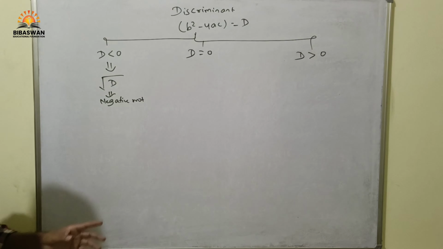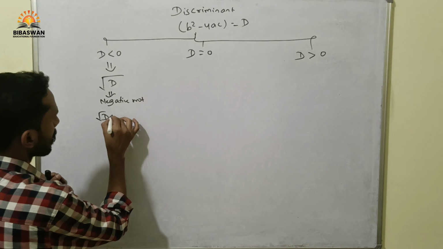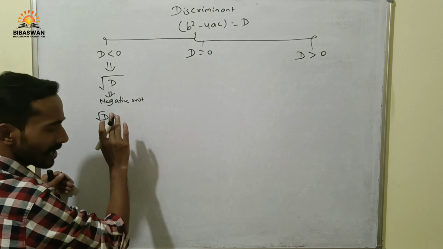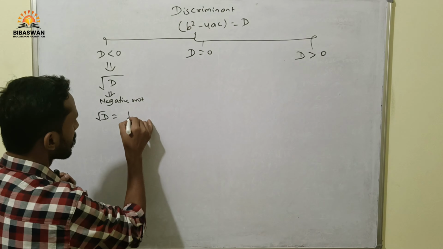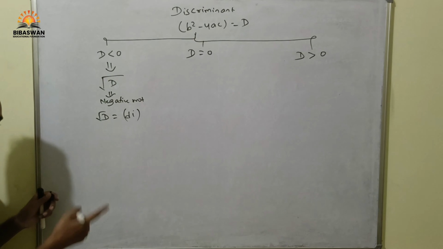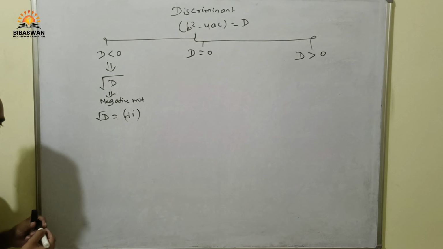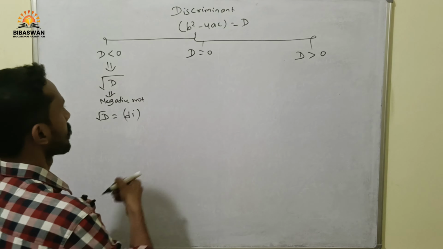Then what does it become? Root over D becomes, suppose the value of the answer is d, then d iota, after excluding the minus part. Understood? I will give an example of each and every one.